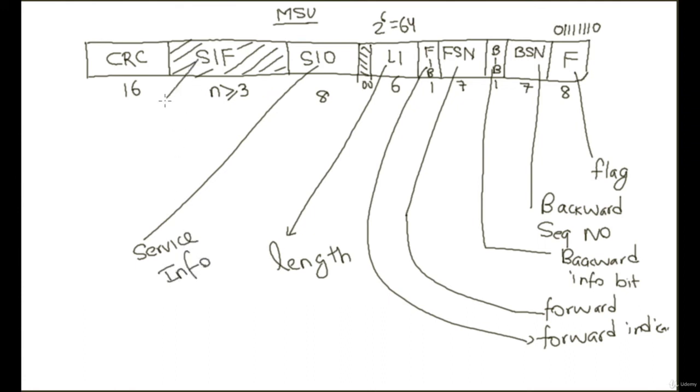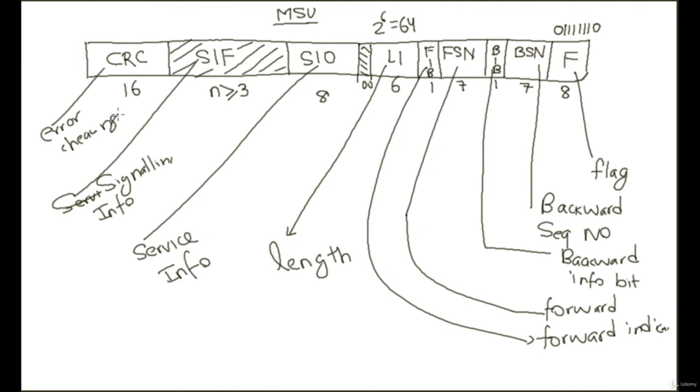Then there is SIF, signaling information, which is basically the main payload, and then the CRC of the whole packet for error checking. Okay, so I hope that's clear. Let us move on to the next one, which is LSSU.